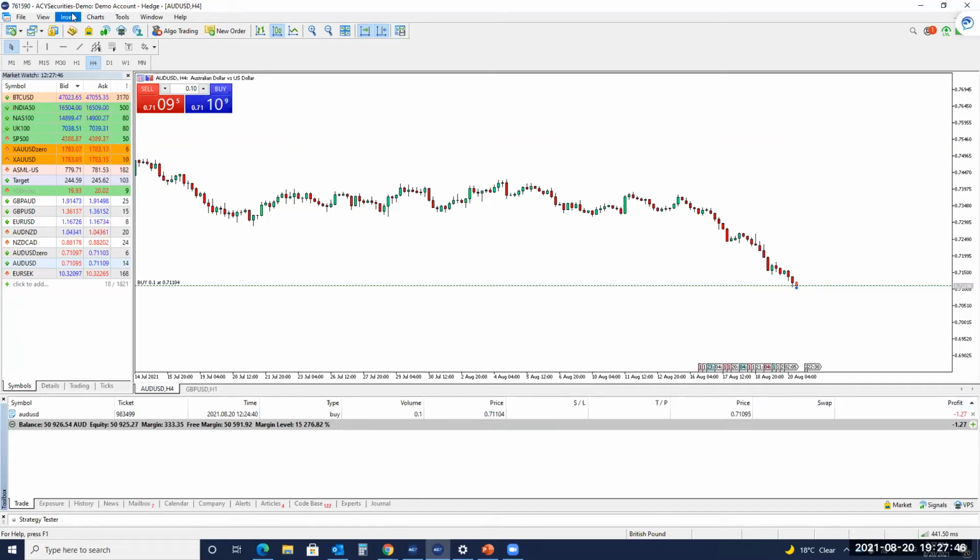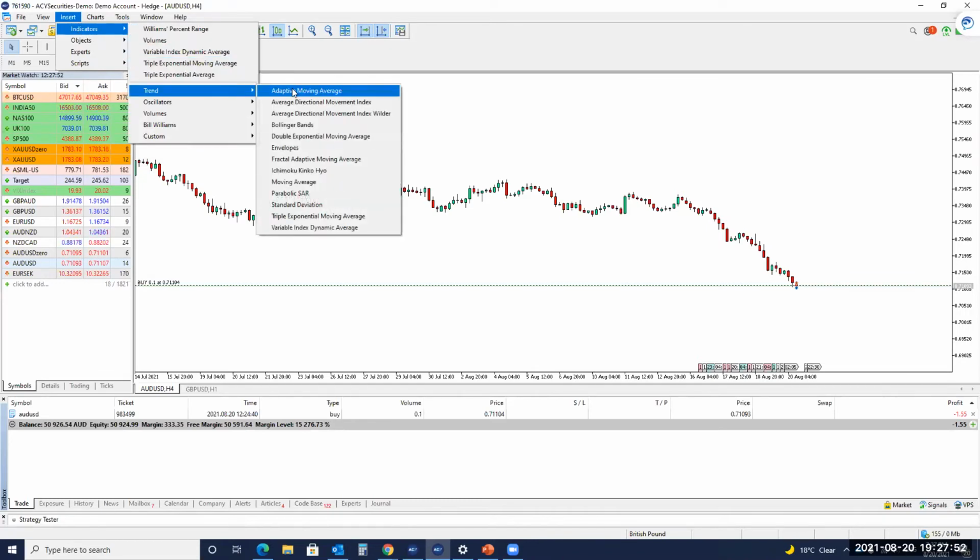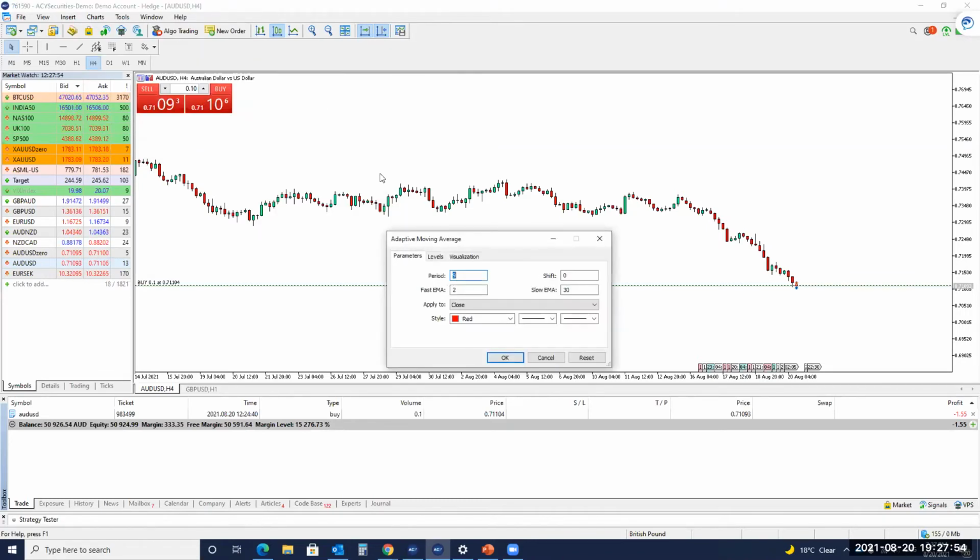So the first thing you'll need to do is head over to Insert, and then Indicators. Let's say I'm looking to add in something as simple as a moving average. Let's say I want to set my parameters.